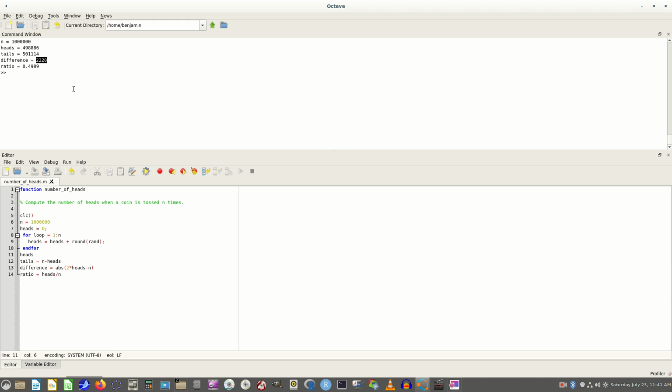So the idea that something's due, even though the probability does go as close as you like to 50% as you run this simulation over and over again, that absolute difference gets pretty darn big. So together, a good look at randomness and the effect of randomness on probability.